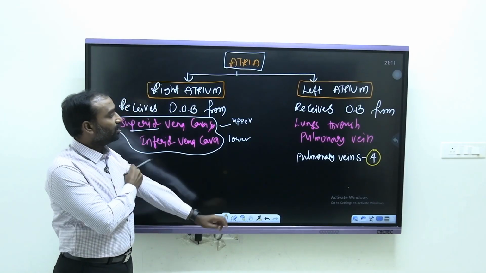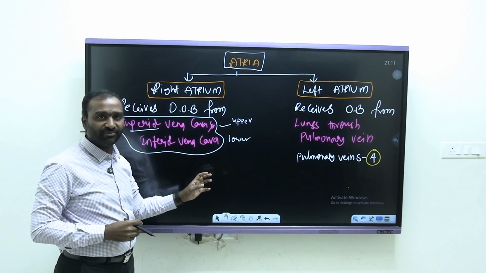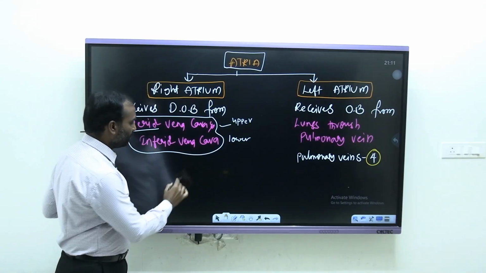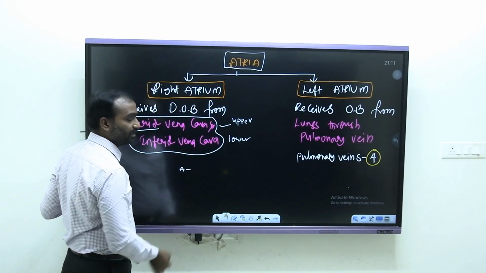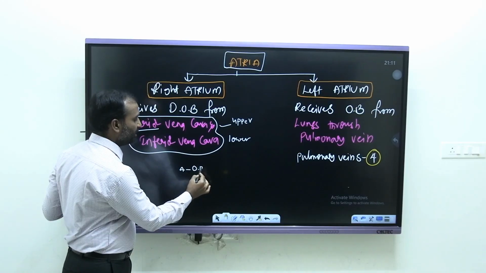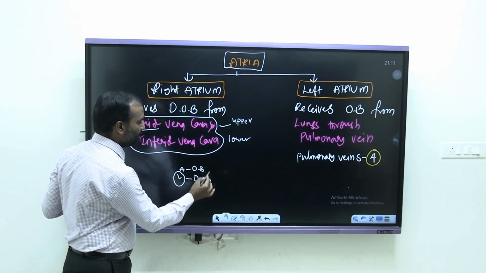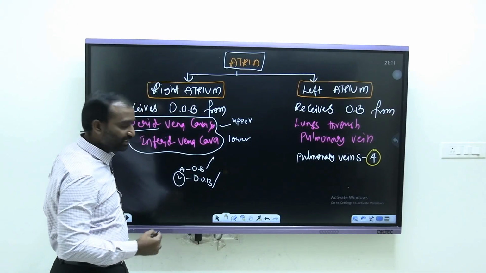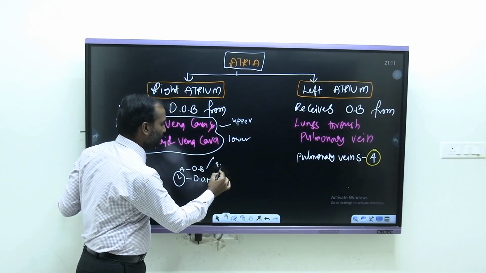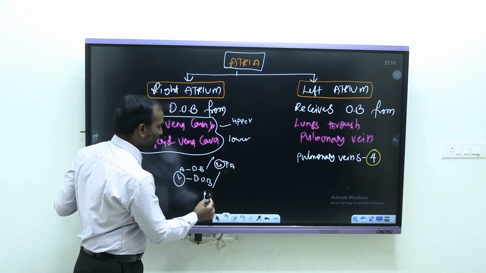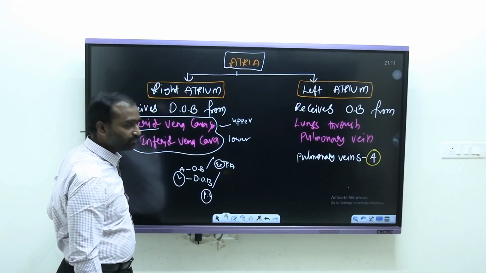So this heart is receiving blood, and what kind of blood? Deoxygenated blood. Why? Because all the arteries carry oxygenated blood, all the veins carry deoxygenated blood. Again, exceptions will be there, and we will discuss in detail. The exception for arteries is the pulmonary artery, and the exception for veins is the pulmonary vein. That's the difference.